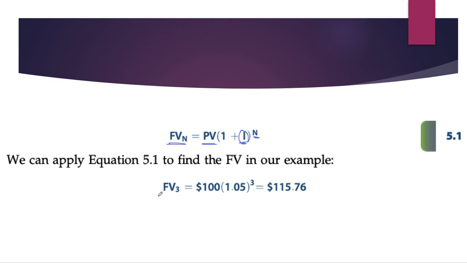As you see in our example, in the previous slide, the future value at the end of 3 years is calculated by 100 times 1 plus 5 percent. This interest rate is 0.05. So basically this is compounding here, and 3 periods, 3 years in this case, gives us the future value at the end of 3 years.